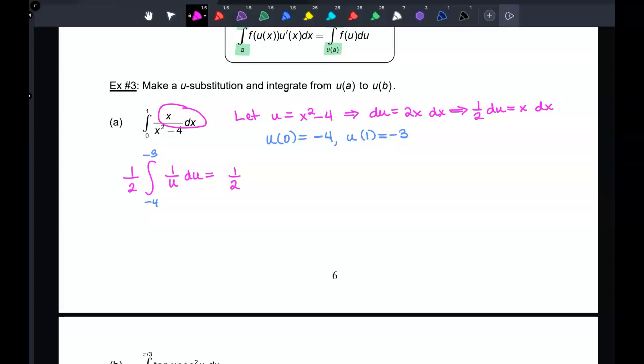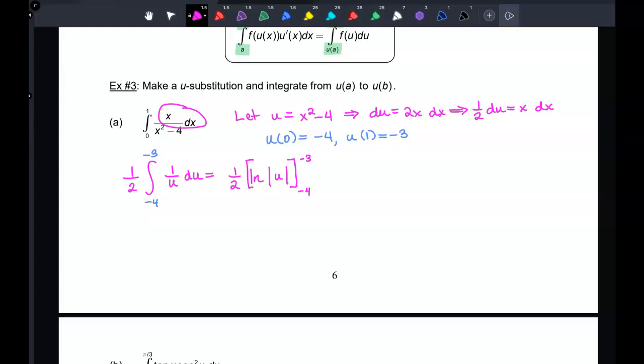Okay, what happens when I take the antiderivative of 1 over u? Okay, absolute value, right? I want to evaluate this. Now we plug in.